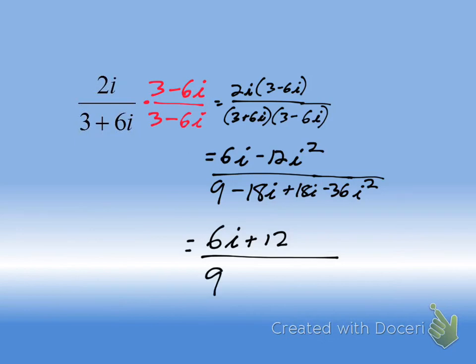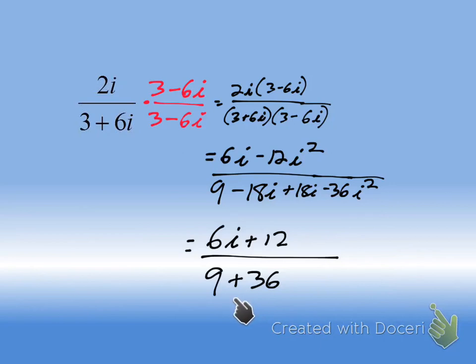over 9. Now watch me here. Minus 18i plus 18i gives me that 0. 0i. And 0 times i is 0. i squared is negative 1. So negative 36 times negative 1 gives me positive 36. Now look at your denominator. See how there's no more i's?